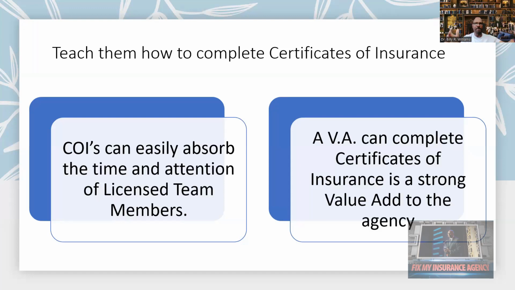So they know what the person is asking for. They know what the job is asking for. They know what the carrier is asking for. They've done an ACORD form, so they know where the data goes. They have an understanding of the data. So that's why we teach them quoting, and then we teach them the ACORD forms before we teach the certificates of insurance.